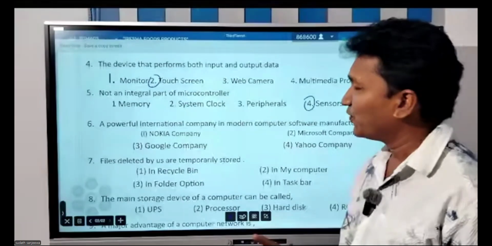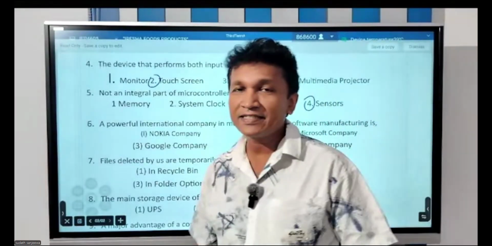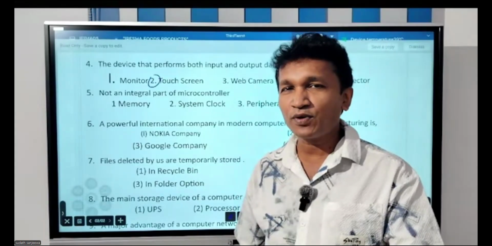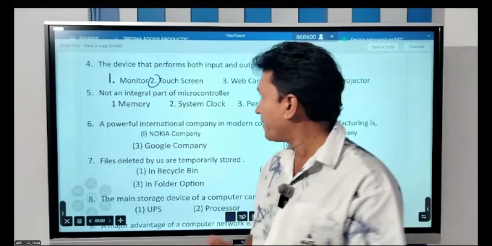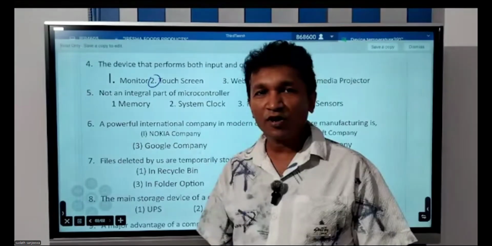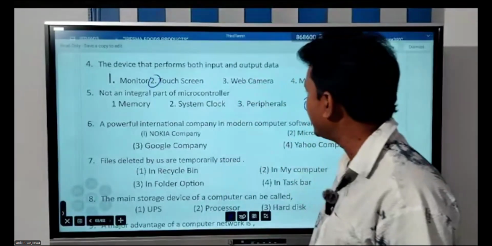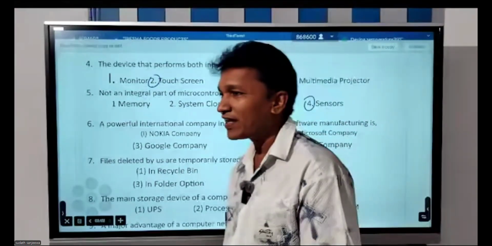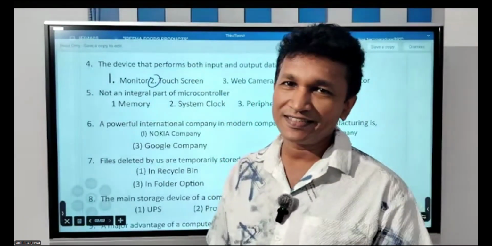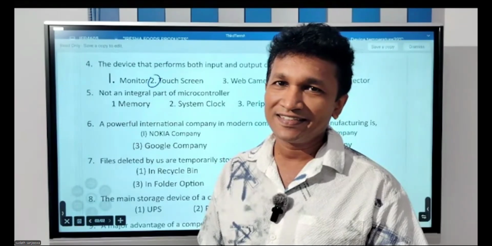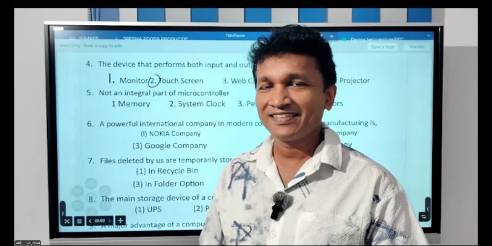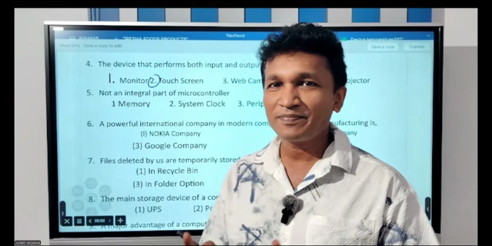So we learned that the main components in microcontrollers are memory, system clock, and peripherals. So what are the peripherals of a microcontroller? Can you remember what we call peripherals?